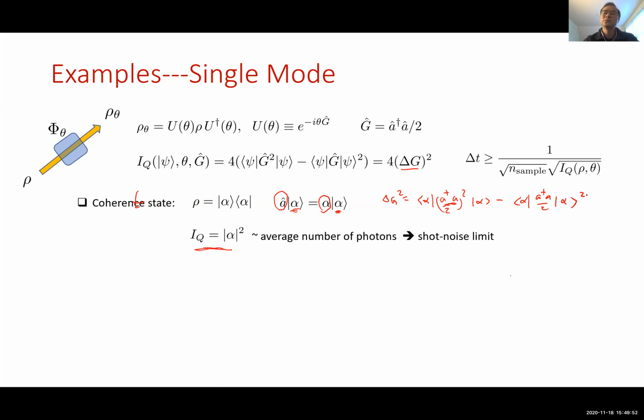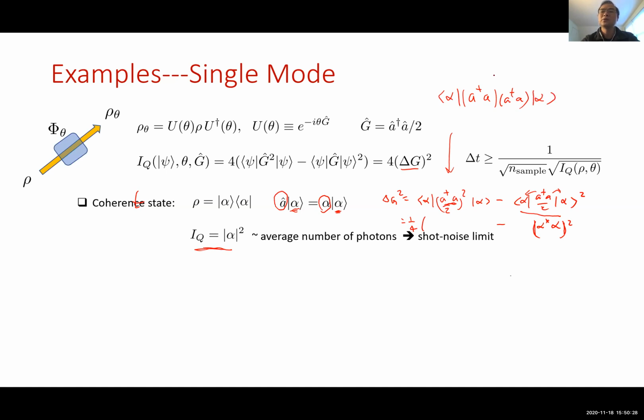So there's an overall 1 over 4, and this part is easy because A acting on alpha pulls down an alpha, and acting to the left pulls down its complex conjugate. Therefore this is the square. And this part, A dagger A squared, you want to evaluate.